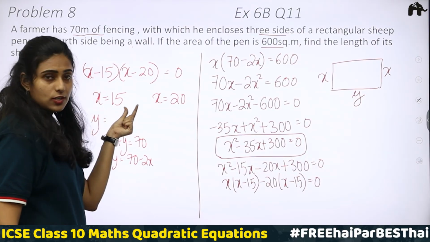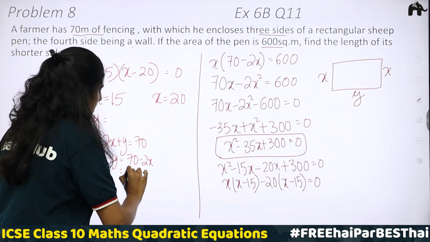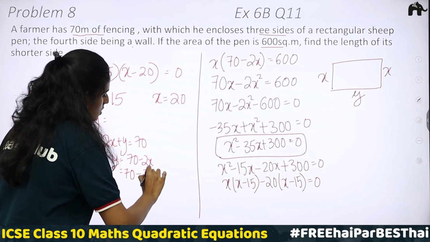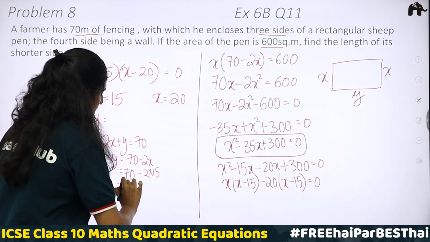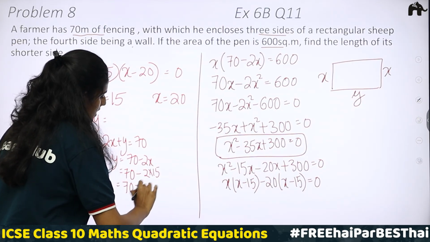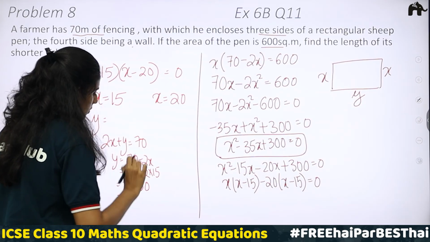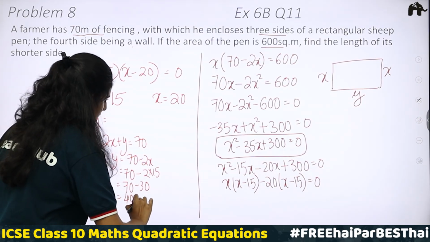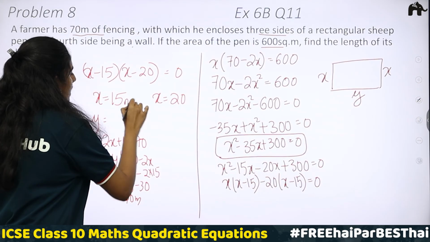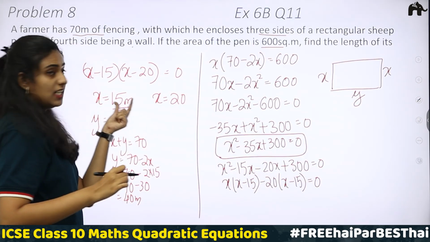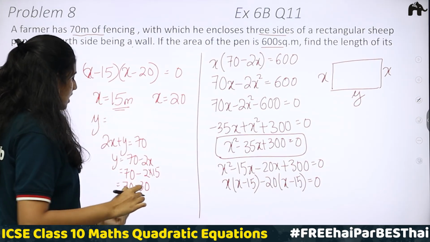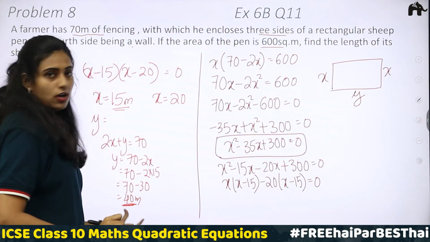If x is equal to 15, then y is equal to 70 minus 2 into 15. That is 70 minus 30, which is equal to 40 meters. Okay. When the shorter side is 15 meter, then the longer side will be 40 meter.